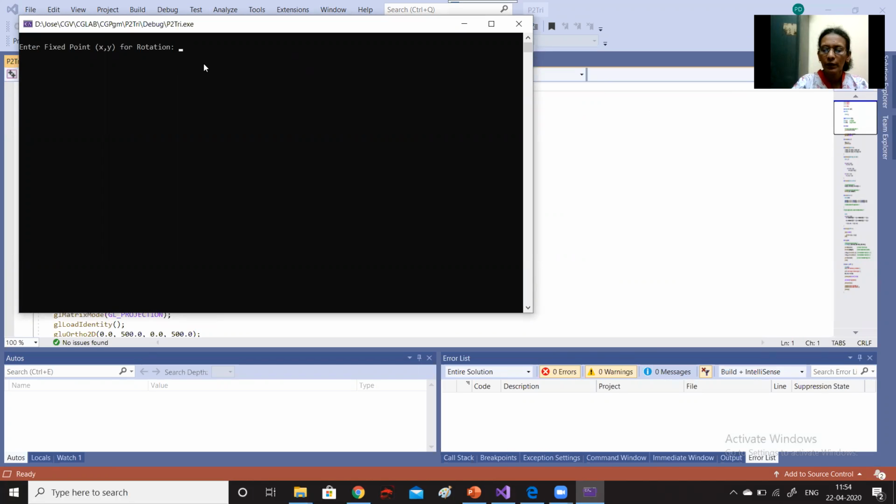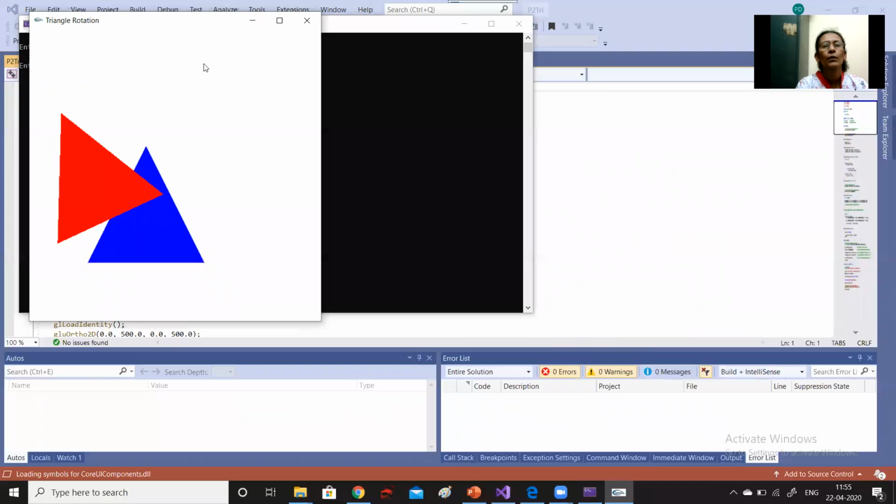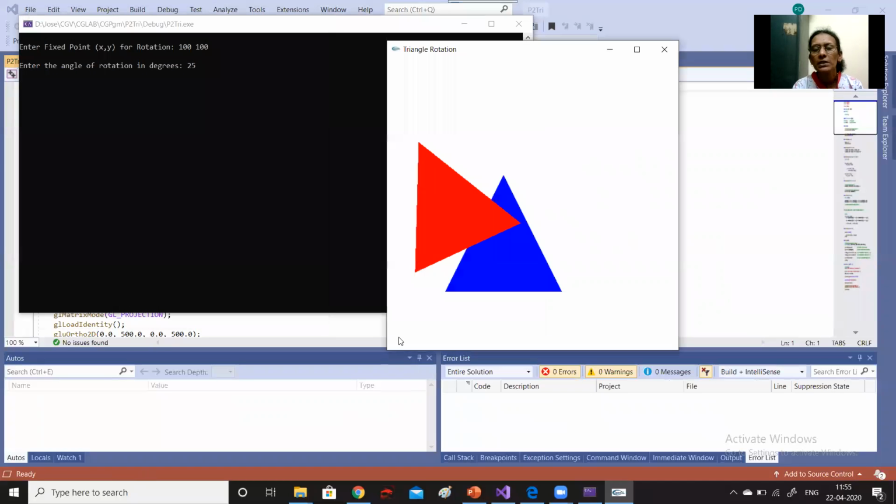Say I give 100, 100. I give the angle as say 25 degrees. See, I get this. That means this is my origin. This angle would be 25 degrees.